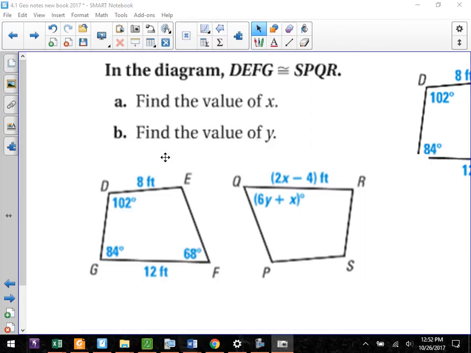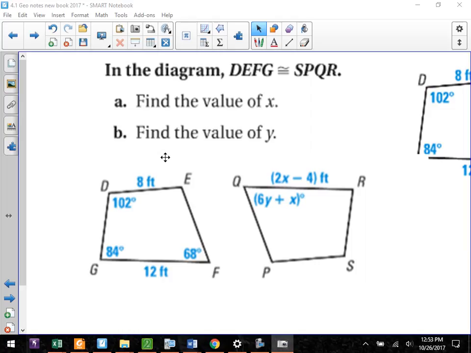So in this diagram, it gives you this congruency statement: DFG is congruent to SPQR. When you have that, as you're starting to draw this stuff through, start to think about what parts have to match with what.